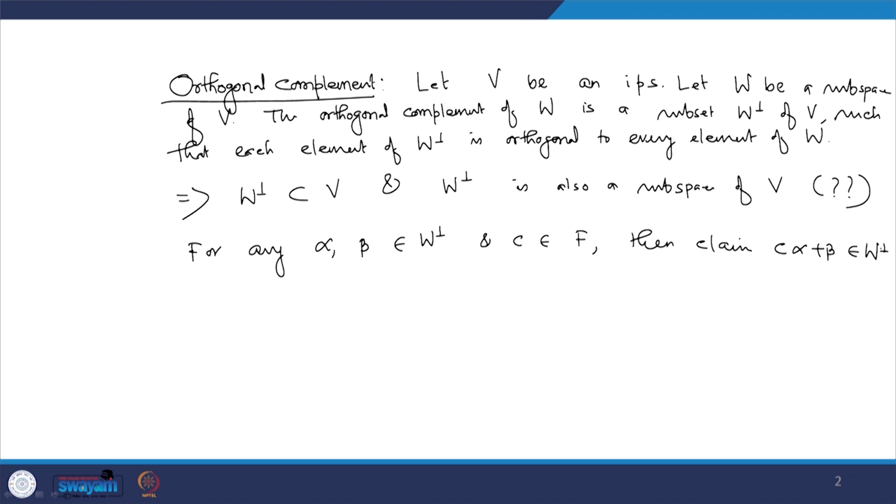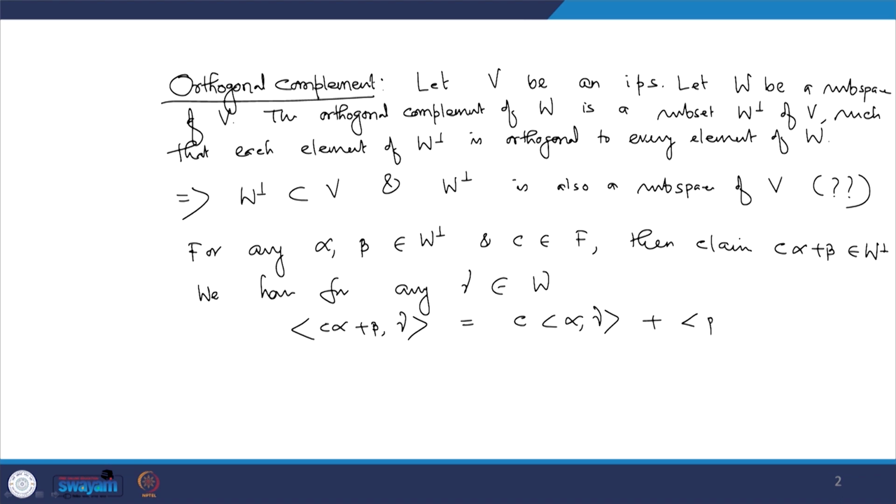So, this will be in W complement provided c alpha plus beta is orthogonal to each element of W. We have, for any gamma belonging to W, the inner product of c alpha plus beta and gamma, which is equal to c times the inner product of alpha and gamma plus the inner product of beta and gamma.